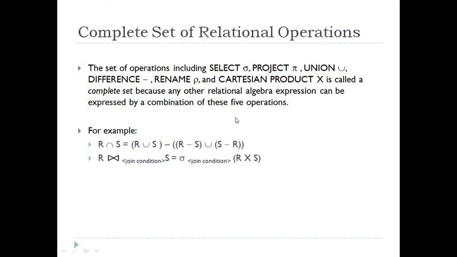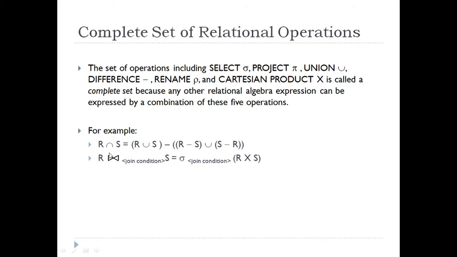Now, there is a complete set of relational operations. That means the set of operations which include select, project, union, difference, rename, and the Cartesian product. These are called the complete set because these operations can be used to derive other relational operations.